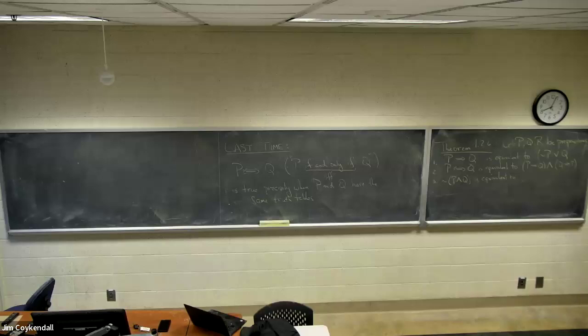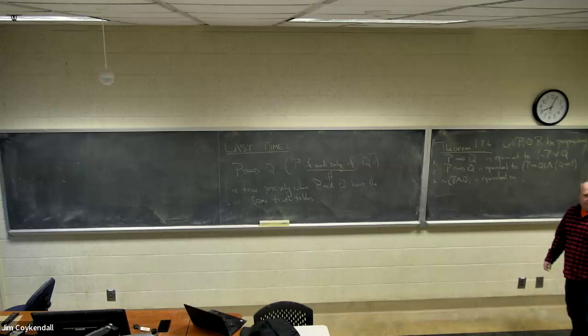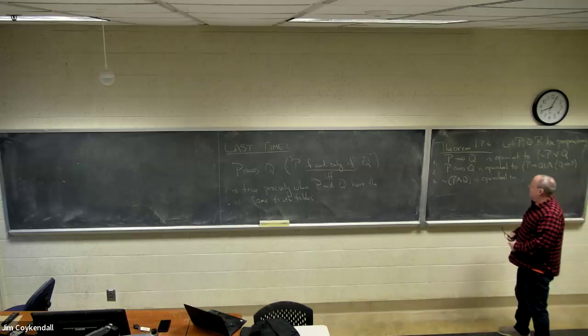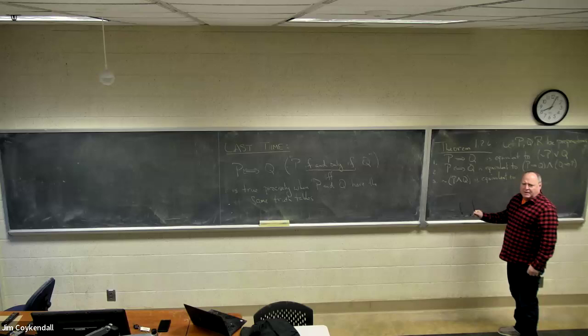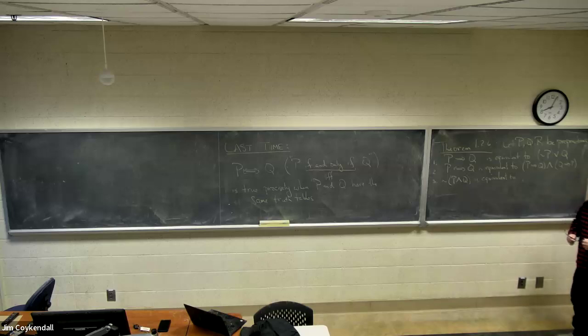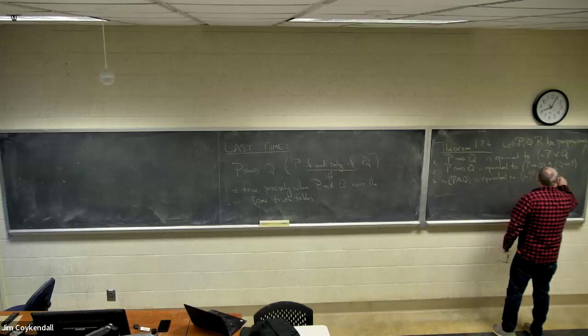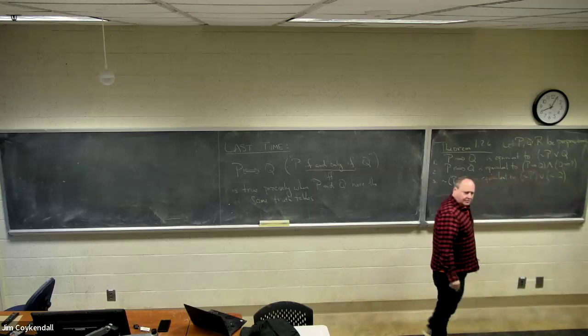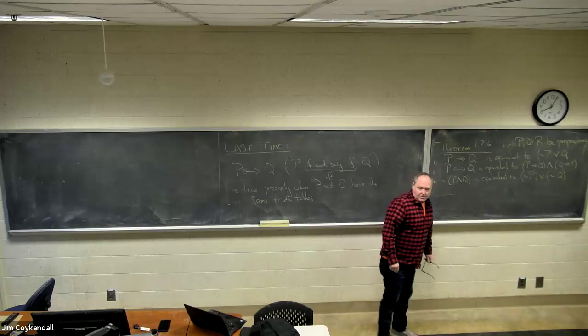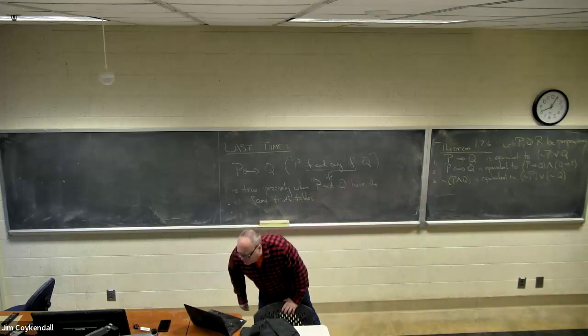Not (P and Q) is equivalent to, anybody want to take a stab at this? This means you can't be both P and Q. So what should that be equivalent to? Not P, but not Q. Not P or not Q. See if there's kind of a pattern here.